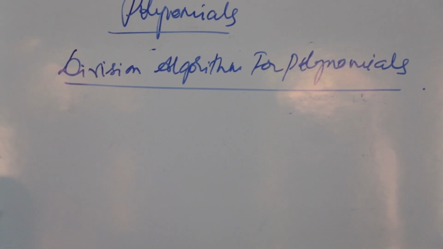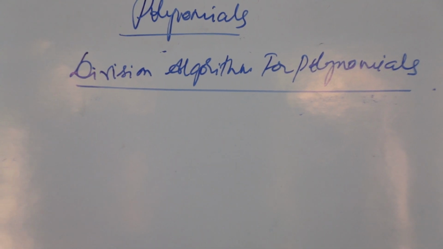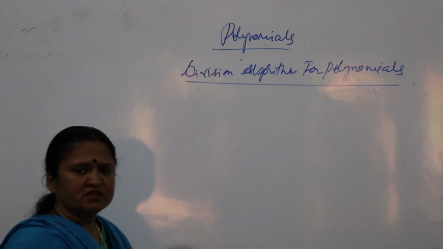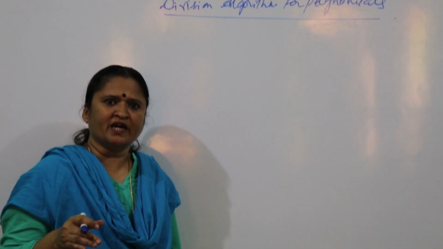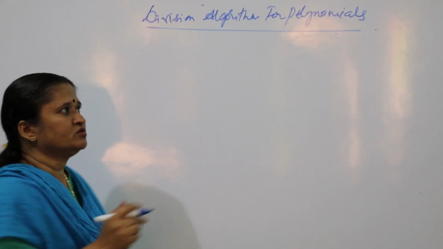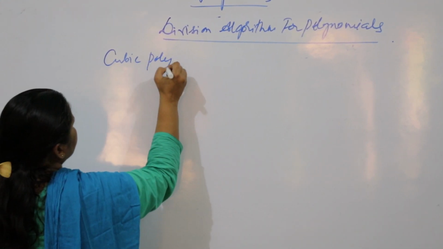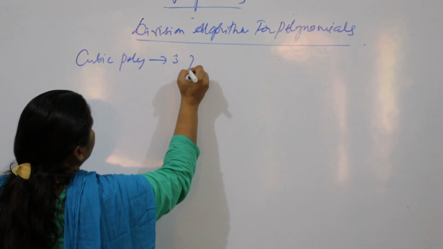Division algorithm for polynomials. We know that a cubic polynomial has at most 3 zeros.